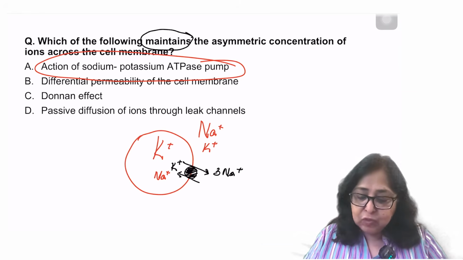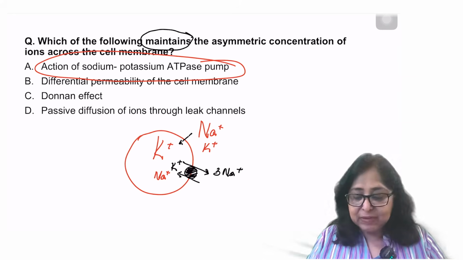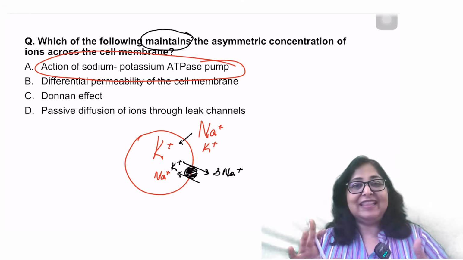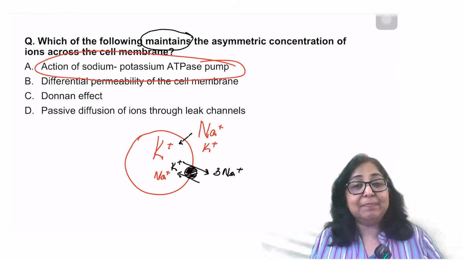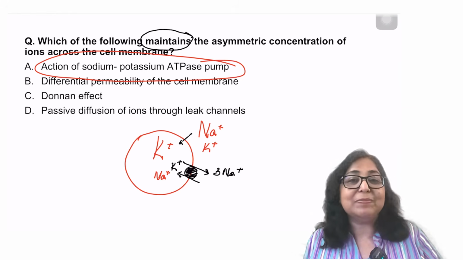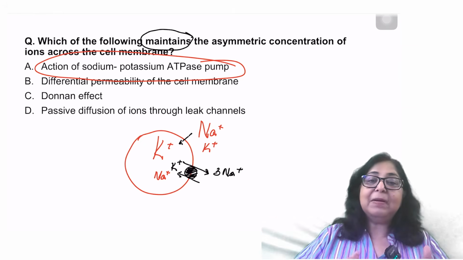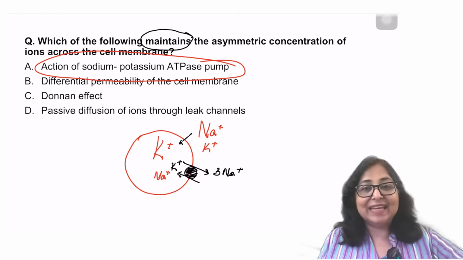But small amounts of sodium can leak from outside to inside. And similarly, potassium can go from inside to out to maintain the ionic balance or to maintain this asymmetric concentration. The sodium-potassium ATPase pump is important. It will push the sodium outside and bring the potassium inside.